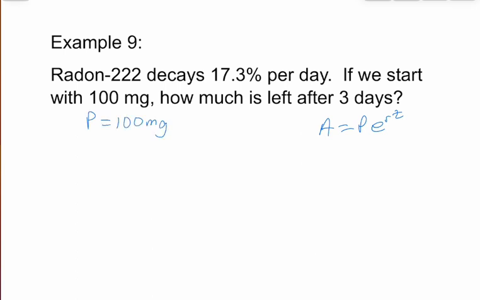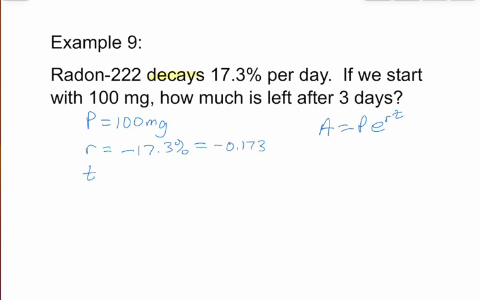So that's our P. Now our rate, here's something you don't want to forget. It is a decay. That decay tells me that my rate is negative. So that's a little extra piece for this problem, the first time we've seen that happen. And so we want to use the decimal negative 0.173.